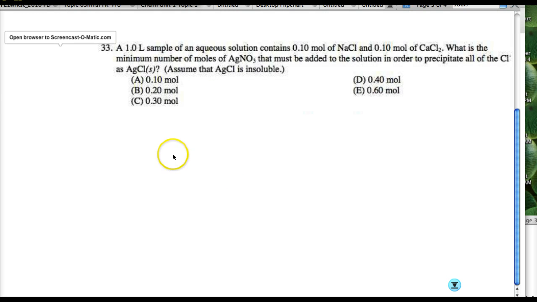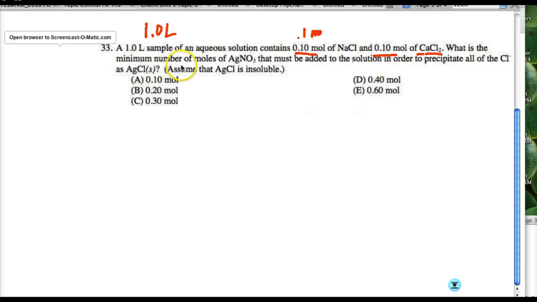Alright. A 1 liter sample. I'm writing up here. They're giving me a volume. I'm taking note. A 1 liter sample of an aqueous solution contains 0.1 moles of NaCl and 0.1 moles of calcium chloride.